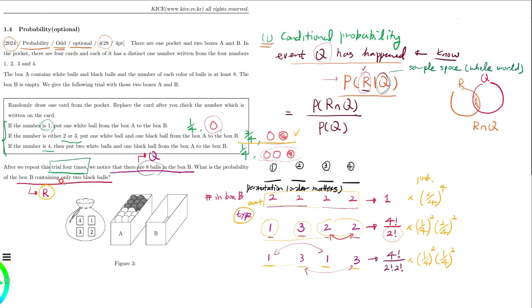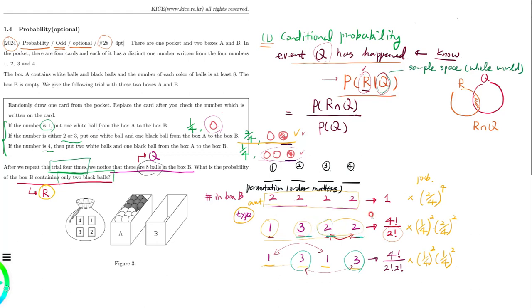To have only 2 black balls in the box B. Black balls come from either the second trial or the third trial, so we should have only 2 third trials, or 1 third trial and 1 second trial.